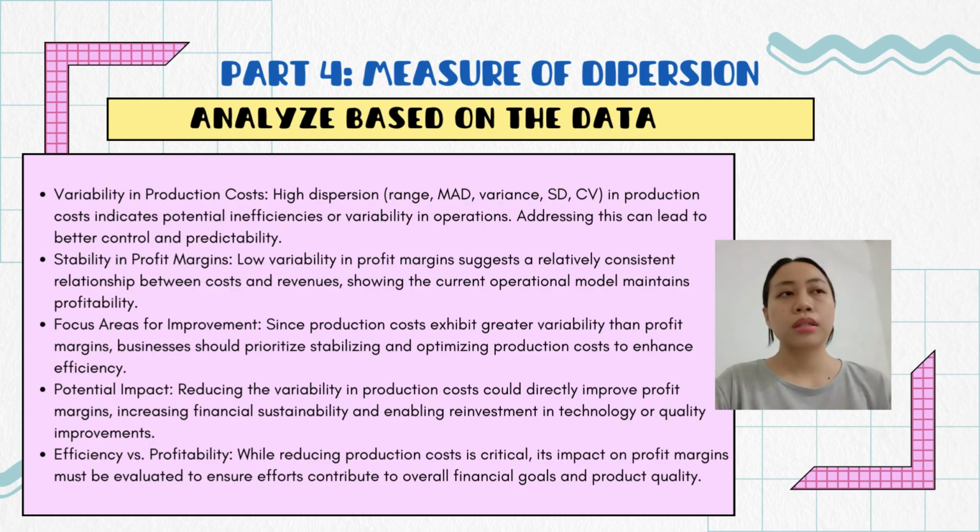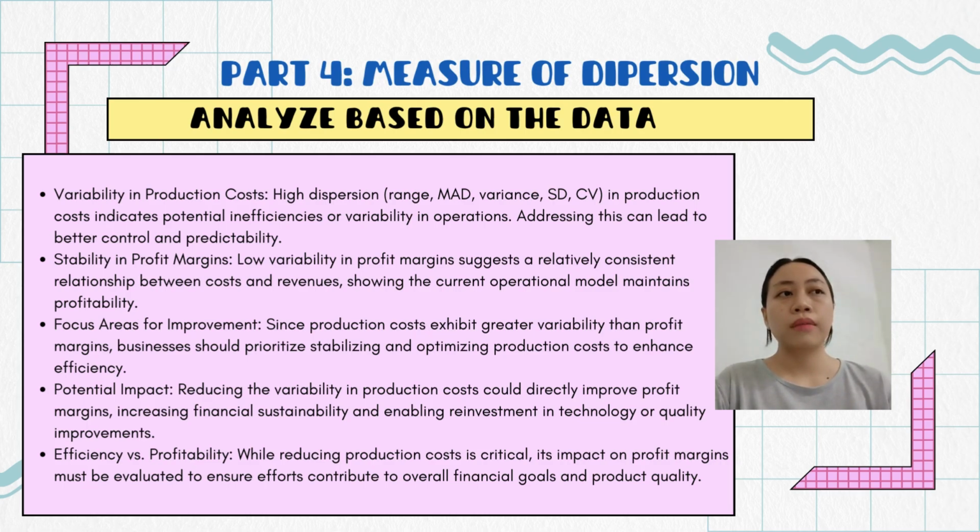Second, stability in profit margins. Profit margins are stable, suggesting a consistent relationship between costs and revenues. This indicates that the current operational model is effectively maintaining profitability.